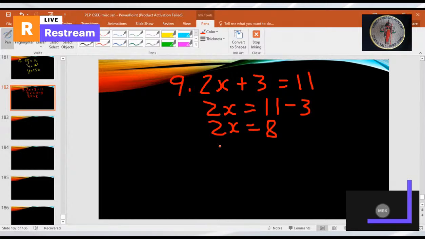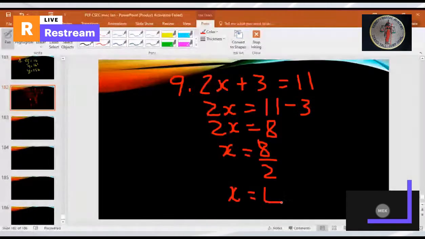So x would be equal to 8 divided by 2, which gives 4. So x is 4. If we plug this answer back into the equation, we would have 2 times 4, which gives 8, and 8 plus 3 is 11.